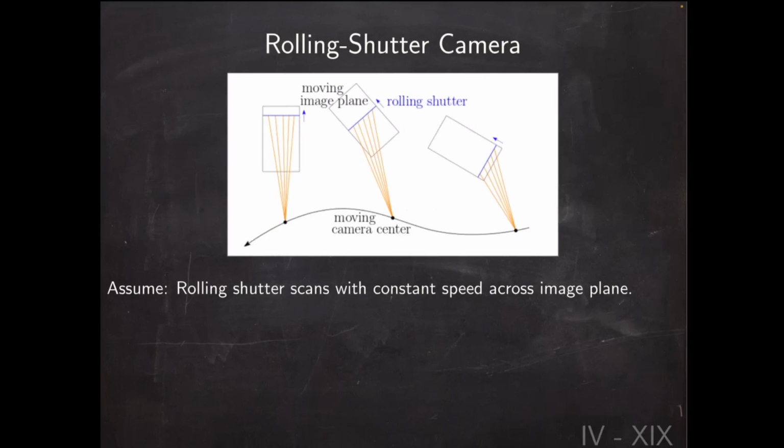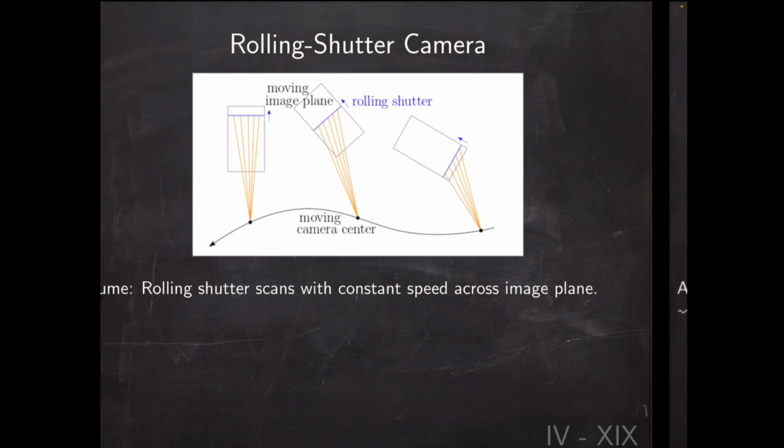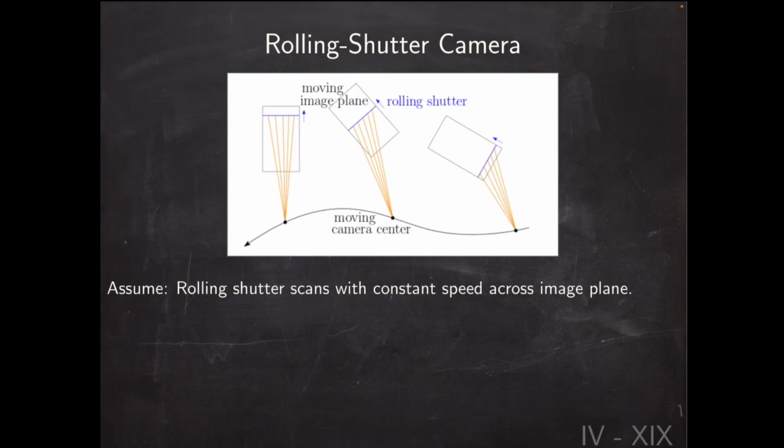So you see that this becomes a little bit more complicated than on the previous slide. To make life easier, there is a common engineering assumption, which is also how you typically build it, that this shutter is moving with constant speed across the image plane. I'm always trying to say everything once in an engineering term here, and then what it means from an algebraic geometry perspective.